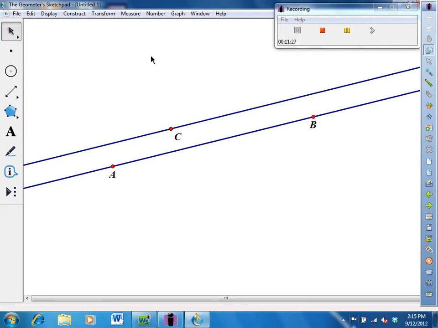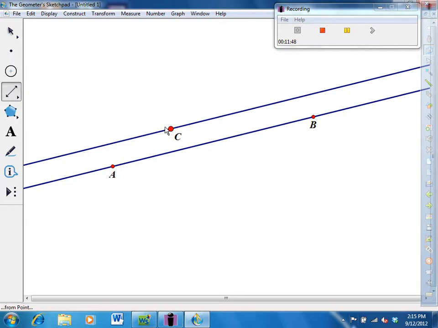Okay, so the next thing that they ask you to do, please pay attention. They ask you to construct a line that goes through this point and through this point. Notice that when I have my line tool, this thing lights up, and at the bottom left, see where it says "from point"?